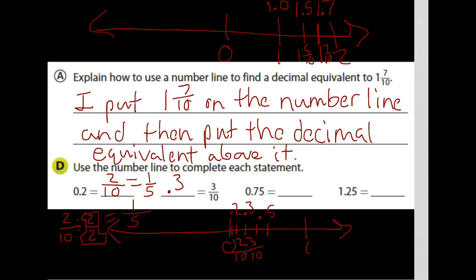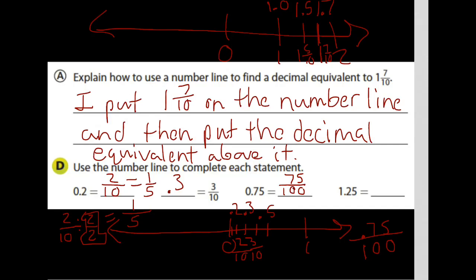Next one, 0.75. I look at the place value of the last number. I think about putting a 1 underneath the decimal and then adding 2 zeros to get all the way to the 5 place value. So I would read that as 75 hundredths. So I'm going to go ahead and put 75 over 100.